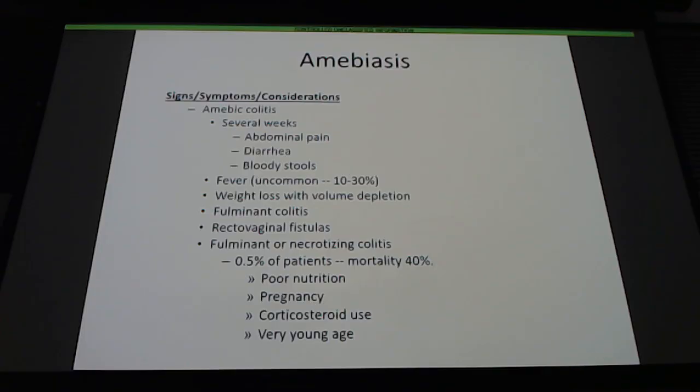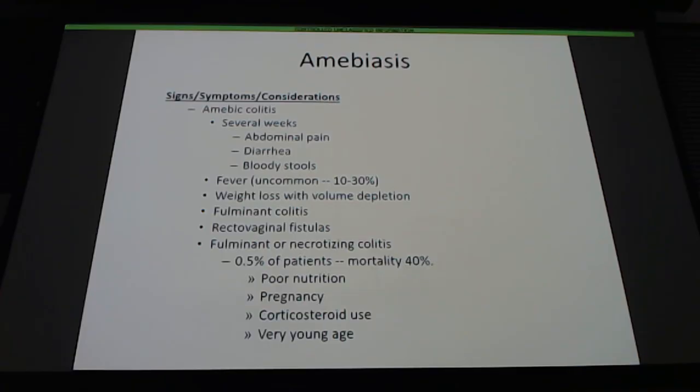In this case, when we talk about amoebic colitis, the second one, the one that starts infecting your mucosa and your submucosa, is going to cause a hyperreaction of your body, which may inflame your colon. If you get an inflamed colon, depending upon how bad it is, it may become fulminant or necrotic.